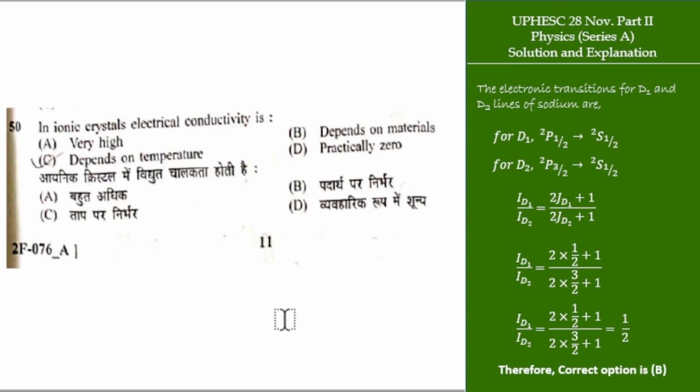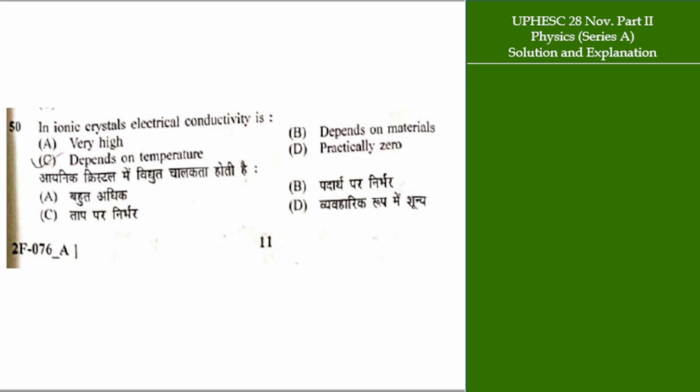Now J for D1 is 1/2, while J for D2 is 3/2. So put these values in the relation, you will get the value of ratio of intensities for D1 and D2 line, and it comes to 1:2. So the correct option for this question is 1:2.